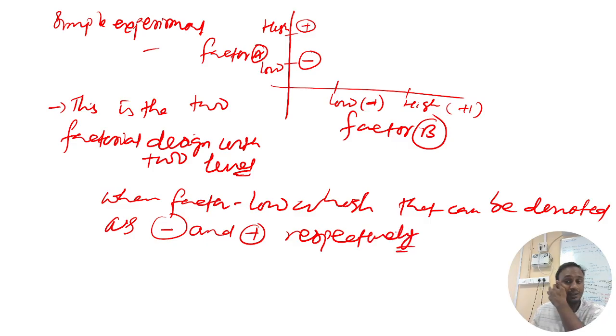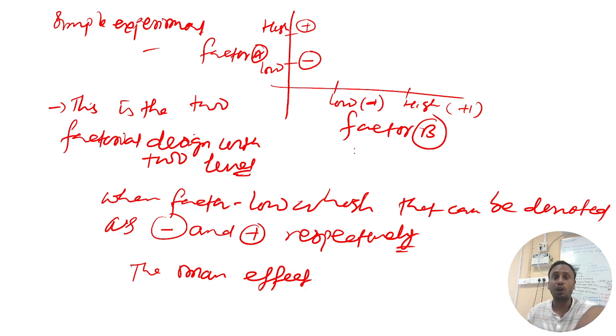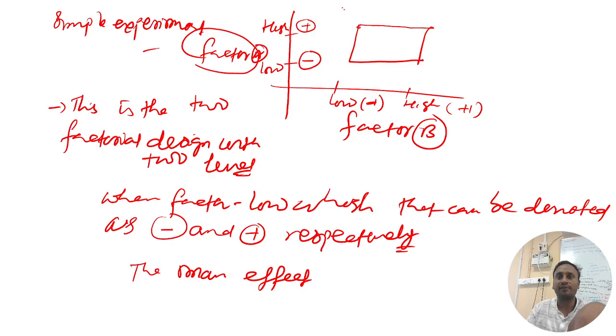The main effect is going to be like the alone factor A itself. Some values will be there: x, y, z, and t.